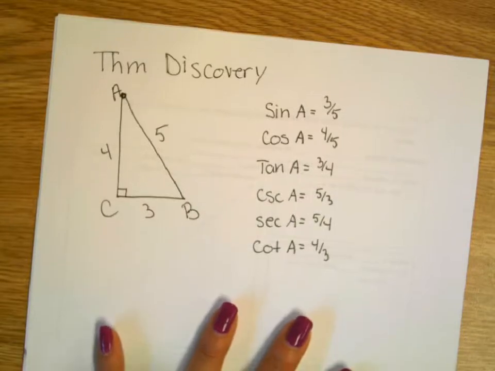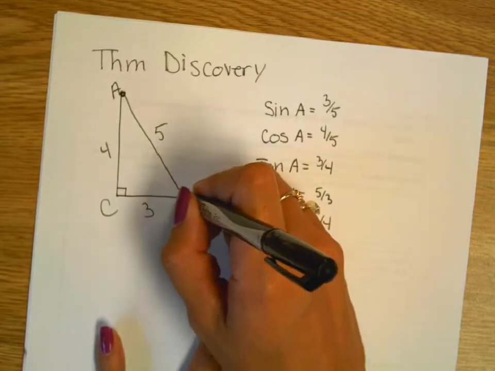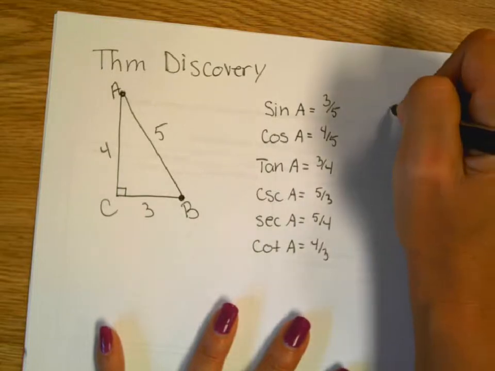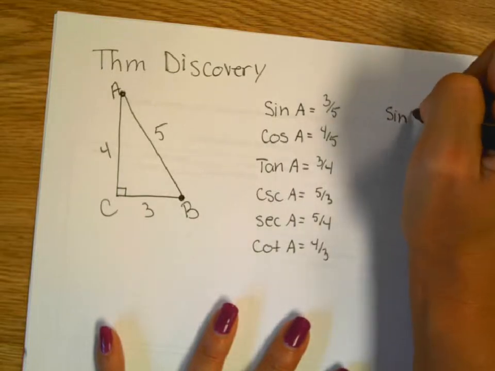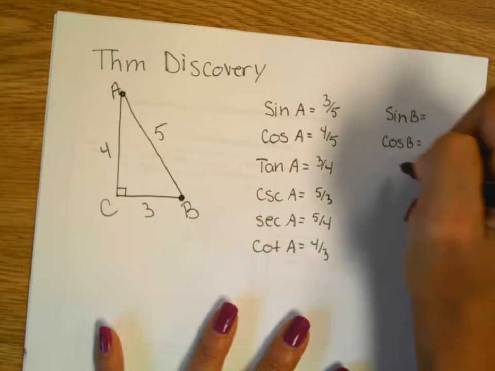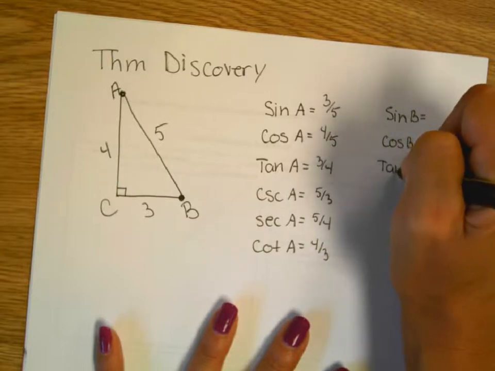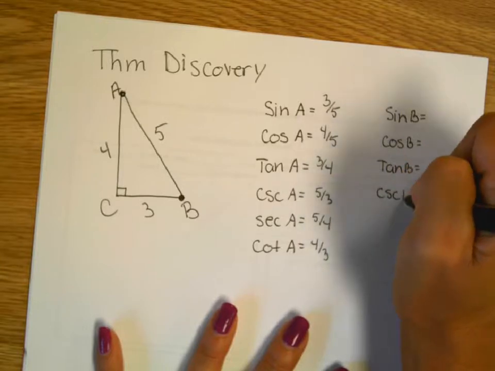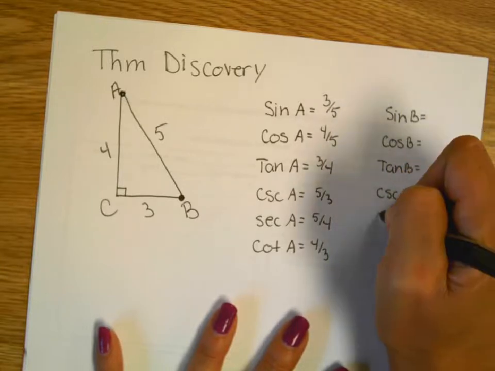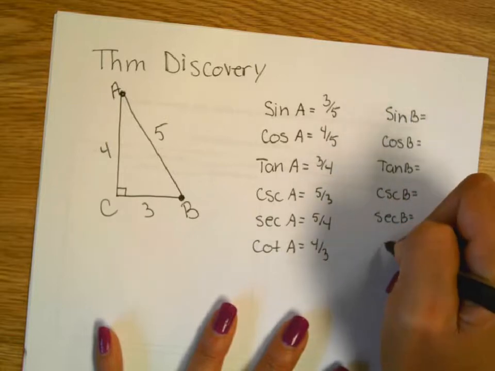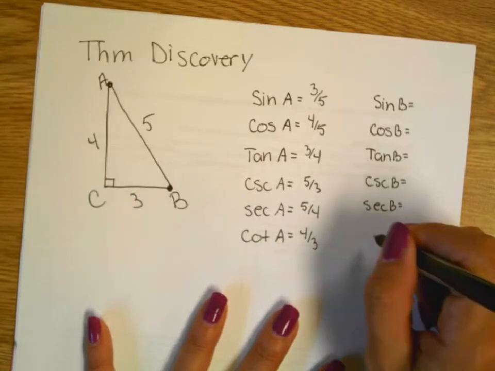Okay. Now I want you to move over to B and do all 6 ratios from B. Go ahead and you do them this time. You can practice your SOHCAHTOA on your own.